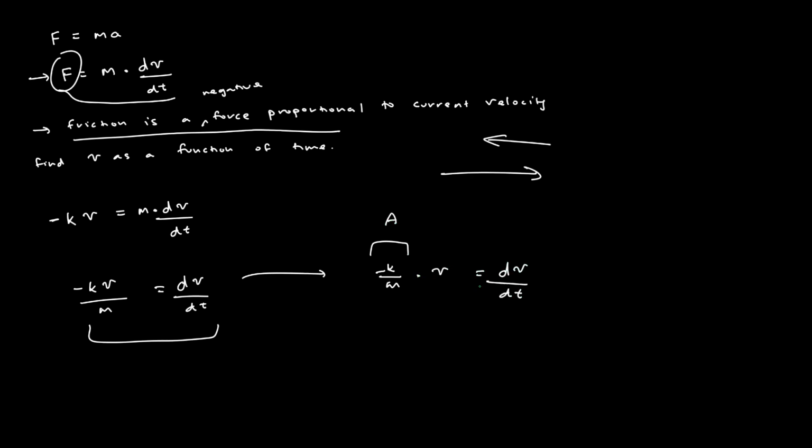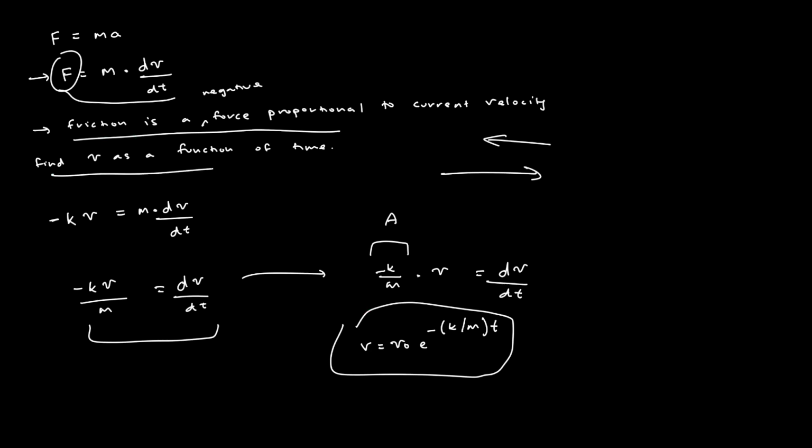And we already know that if we solve for this differential equation, we will get something like v is equal to v0 times e to the minus k over m times t, because k over m is a, and we know that's how it looks. But if you want to rederive it for practice, feel free to do so. But this is the equation we'll end up with, and this is basically what the question is asking for, to find v as a function of time, and we have done so here.